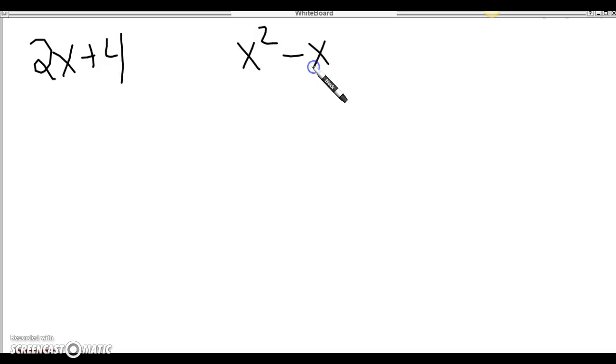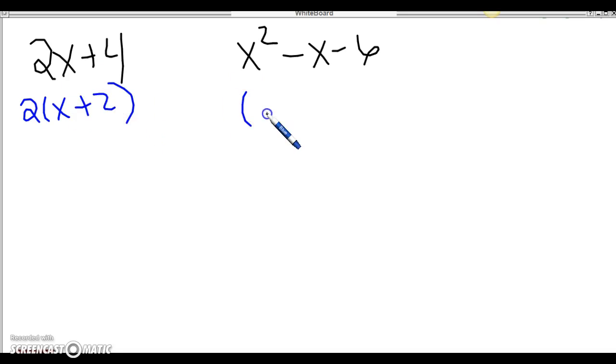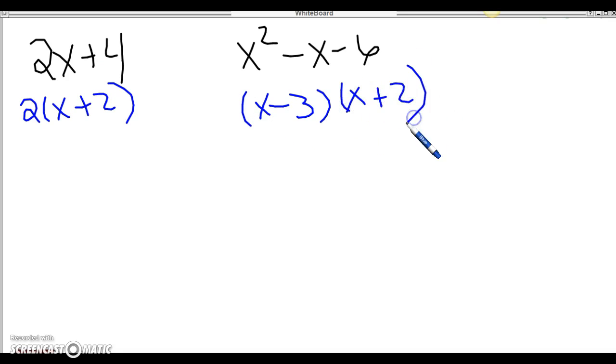So the first one is 2x plus 4 and x squared minus x minus 6. And again, I'm going to factor first. So I get 2 times x plus 2. And here I get x minus 3 times x plus 2. And again, I'm going to write down what they have in common first.